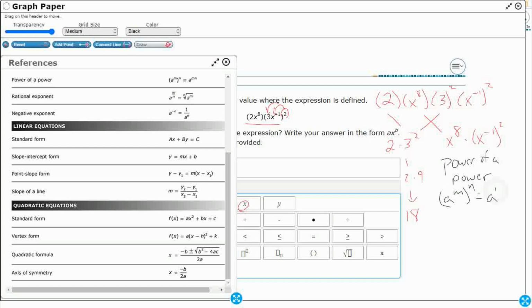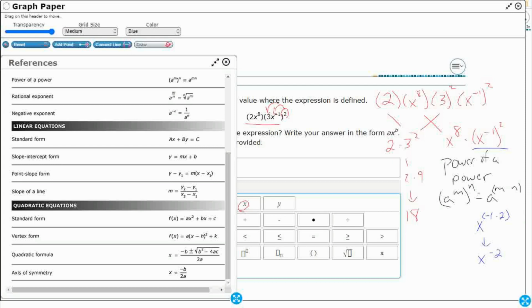Take the base and you multiply the two powers. So if I'm wanting to do that for this right here, then that's going to end up being x. Since it's that base, I'm going to multiply negative 1 times the 2. Okay? So that's going to end up being x to the negative 2.